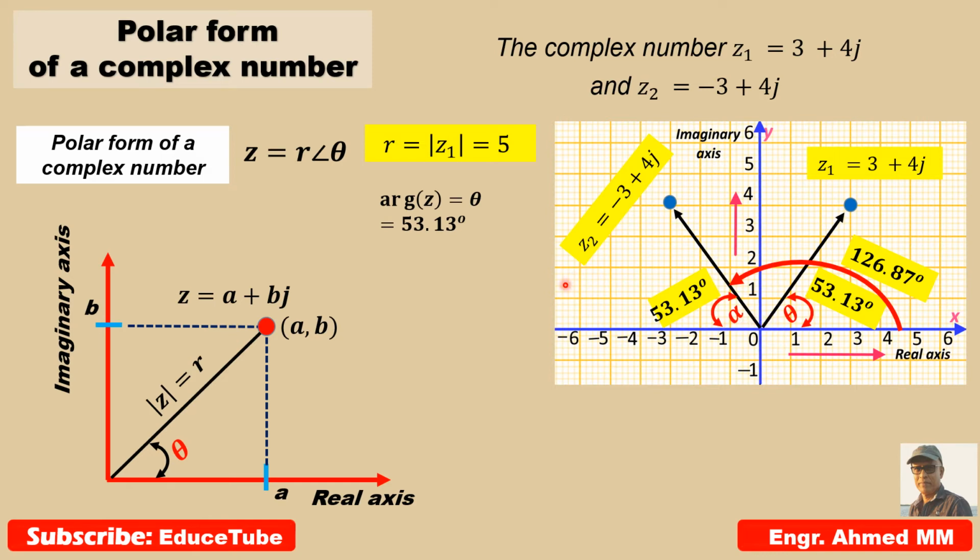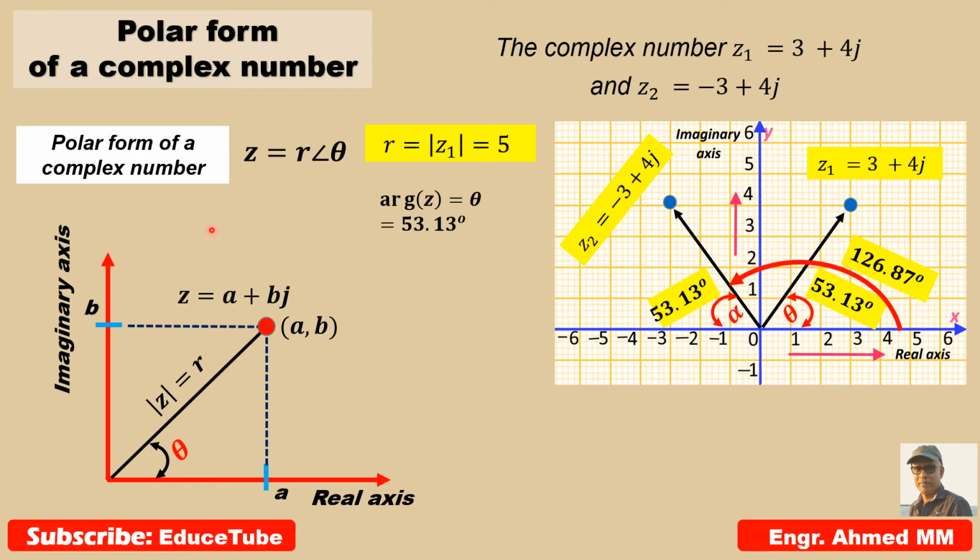So here, the position of a complex number, as we know, is uniquely determined by its modulus and argument. Already we learned it.